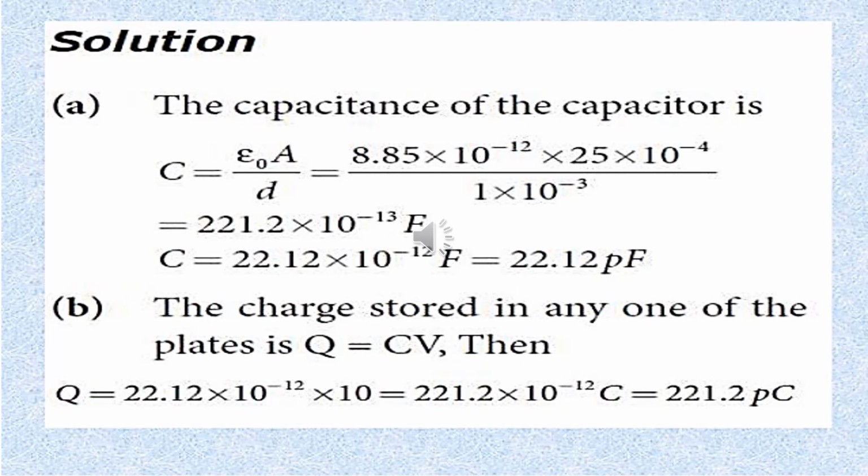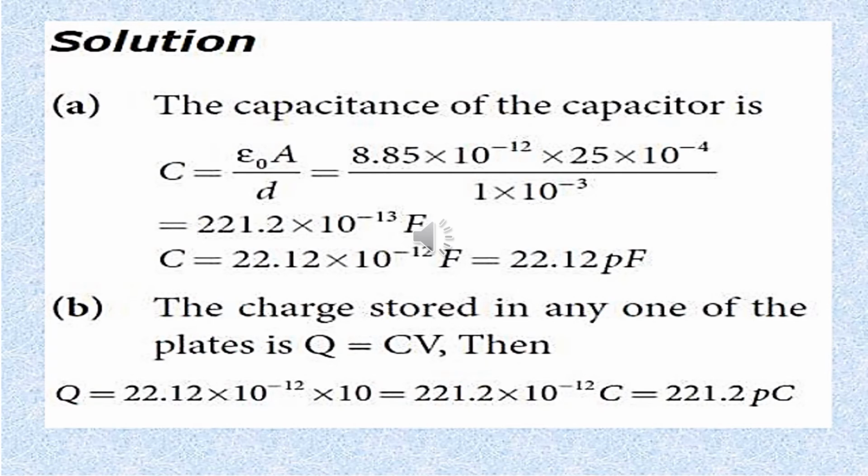When we adjust the exponent, that will be 22.12 raised to negative 12, or 22.12 picofarad. That is our quotient. If you have questions on this, just put them in the comment section.